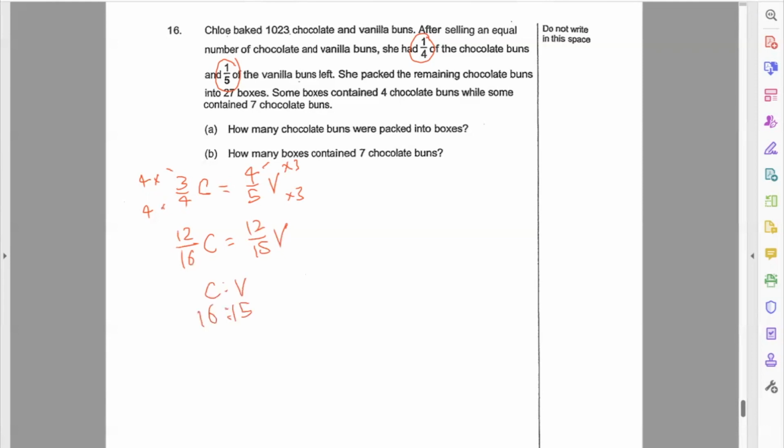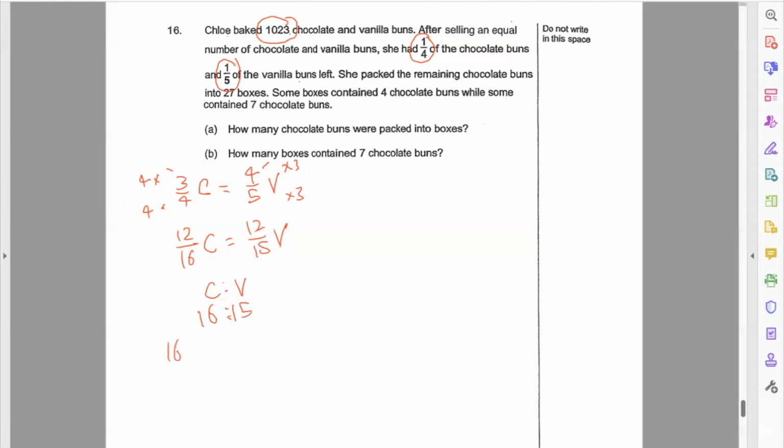So what this ratio means is that there's a total of 16 units of chocolate buns at first, or baked by Chloe, and there's 15 units of vanilla buns baked by Chloe. So in the question, we know that Chloe baked 1,023 chocolate buns and vanilla buns all together.